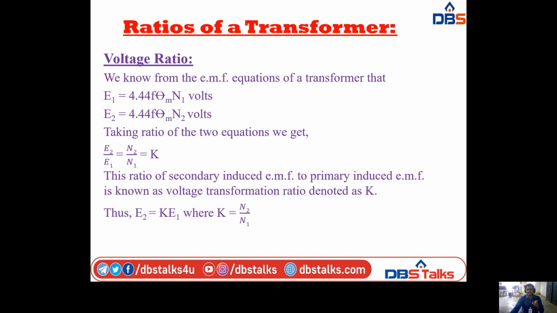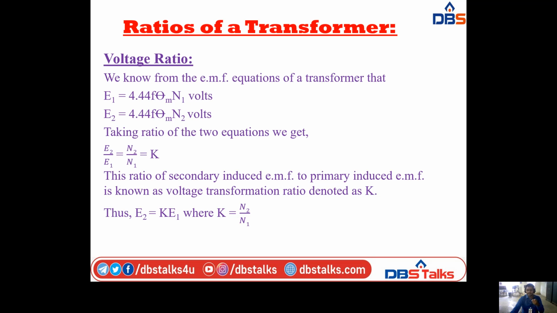Taking the ratio of the two equations, we get E2 by E1 is equal to N2 by N1, that is equal to K. This ratio of secondary induced EMF to primary induced EMF is known as the voltage transformation ratio.